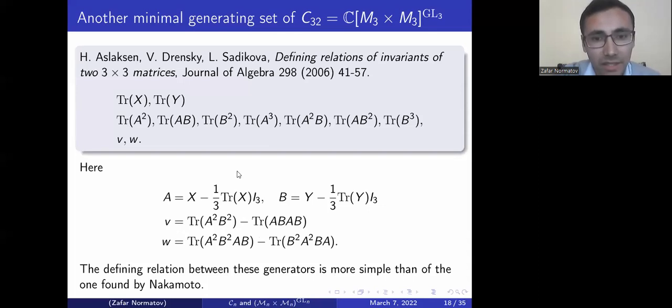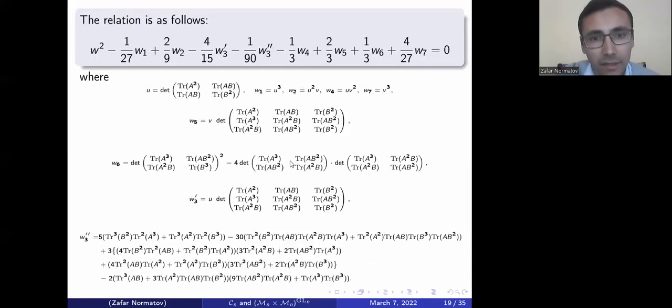By these generators, the defining relation between these generators is simpler than the one found by Nakamoto. And the relation is as follows.